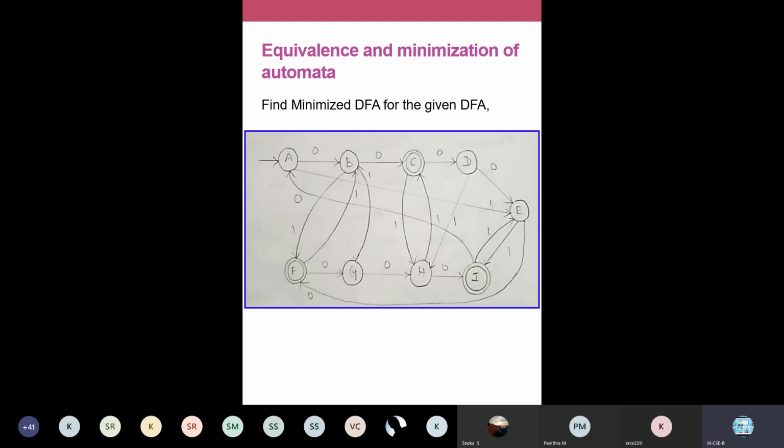You're going to an accepting state. Okay. You can take any string. I'm taking this string C, 0, 0, 0. It's going to accepting state. Apply the same string 000 on F also. So F, 0 goes to G, the second 0 we go to H, and then on the third 0 we go to I. So in state F also, on giving 3 zeros, we go to an accepting state. In C also, on giving 3 zeros, we go to accepting state.